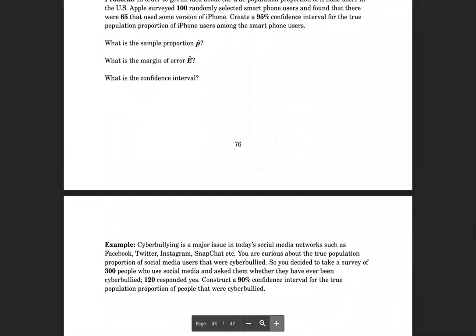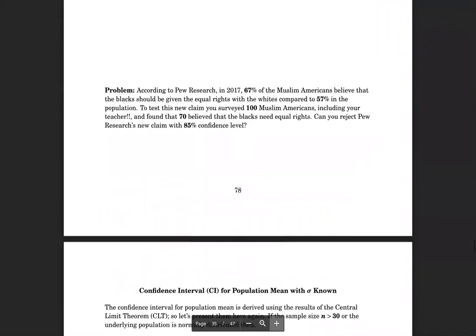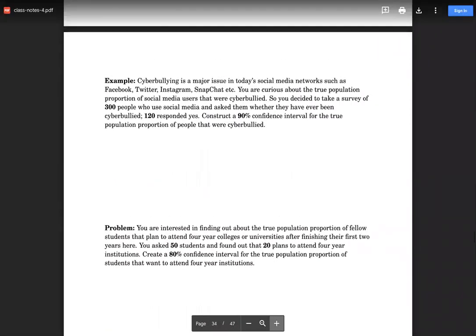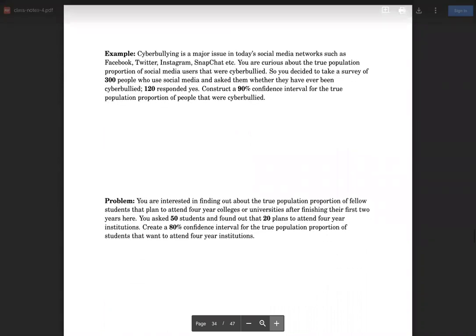Next, let's do this. There are probably 3, 4, 5, maybe 6 problems, and I'm going to do all of them. I'm going to do them slowly, take my time, so that you can feel confident. Once you get the hang of it, you will find the rest of the semester very easy, because hypothesis testing is going to be very similar.